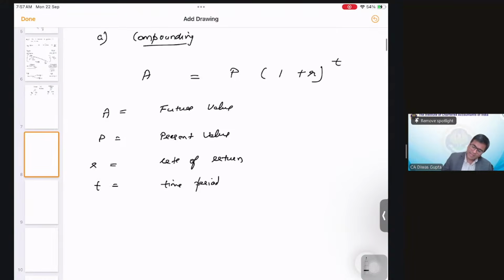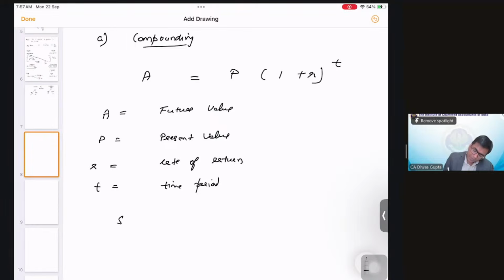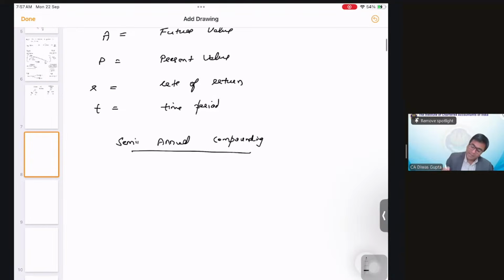Now, if we see that there is semi-annual compounding, there can be some of these complexities as well, right? Semi-annual compounding will be A is equal to P, 1 plus R divided by 2, to the power 2 multiplied by T, right?